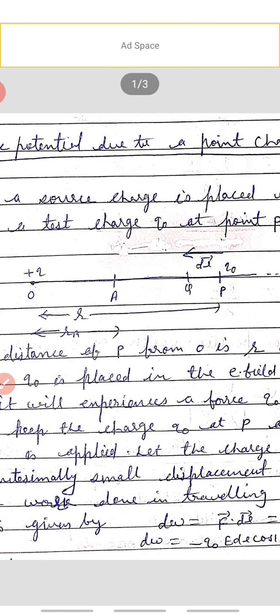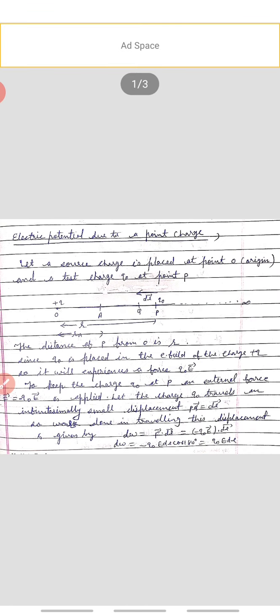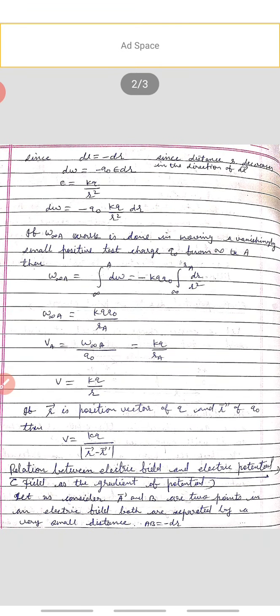The displacement dl equals PQ, and its direction is from P to Q. So in terms of dr, we can write the work done dW equals minus Q naught E dr.